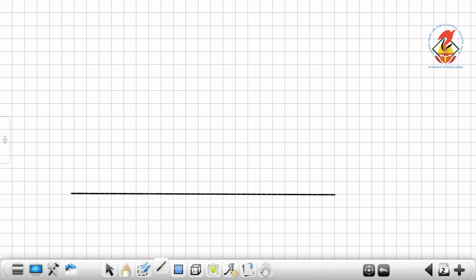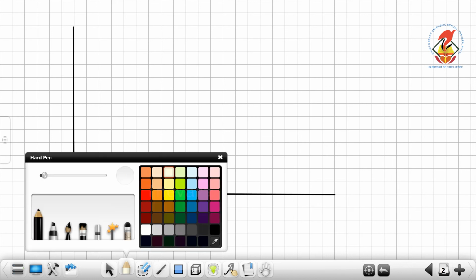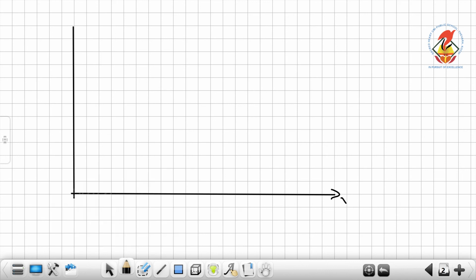So 10, 20, 30, 40, 50, 60 we can mark on the axes, maximum 60 only.